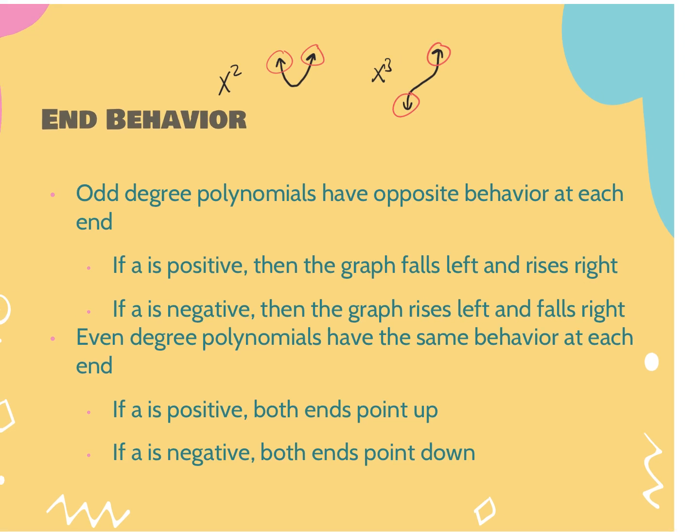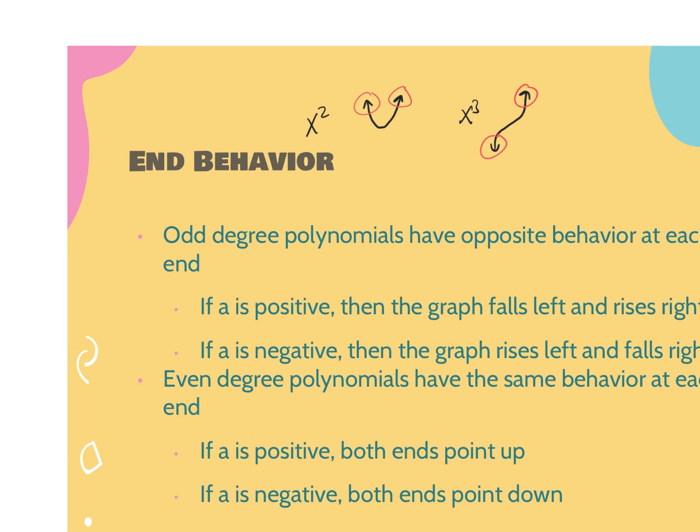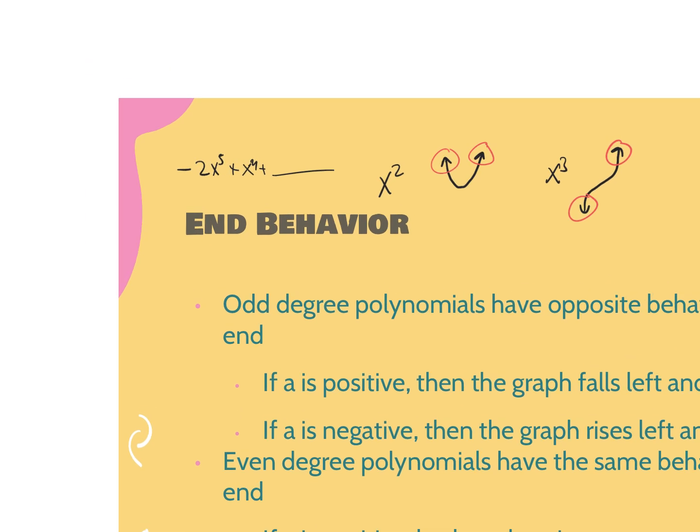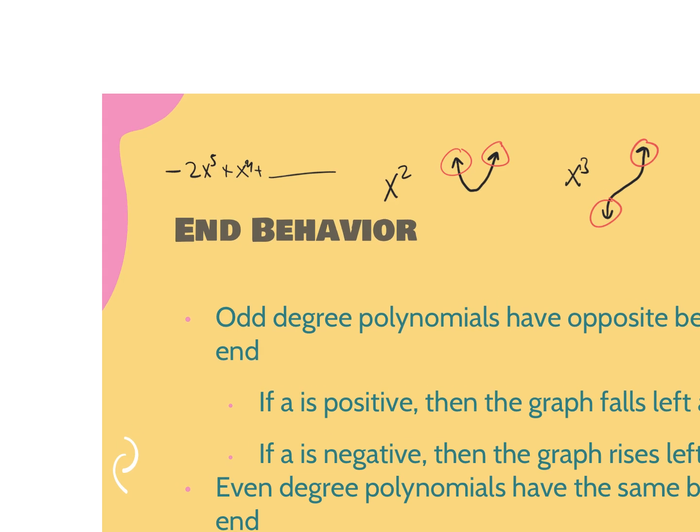In general, your polynomial functions are going to follow these exact same rules. They might change direction depending on the number in front, the leading coefficient. For example, if I had negative 2x to the fifth, plus maybe something x to the fourth plus something else, I don't really know what that function is going to look like in between.